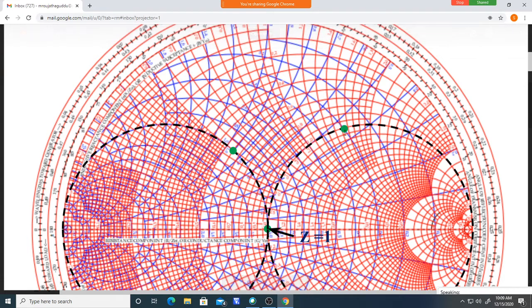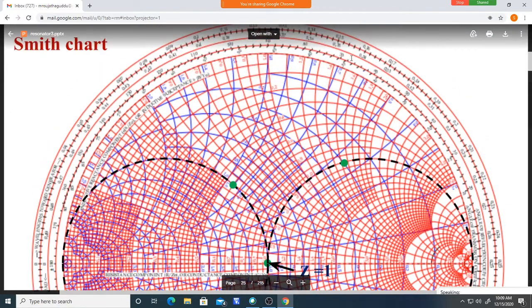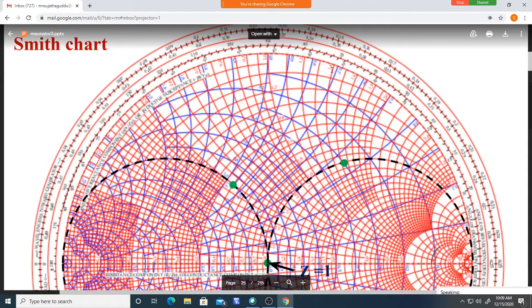So what is the value of that? You should read here. This is 1.2, this is 1.4, this is 1.6, this is 1.8, then 1.6 and 1.4.